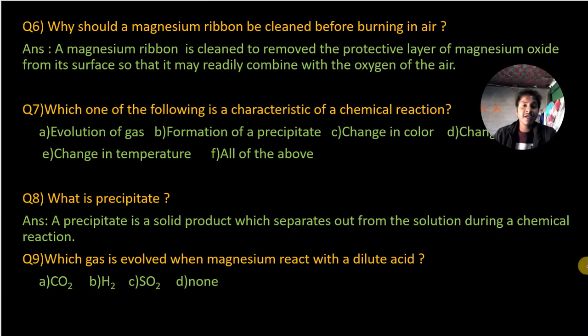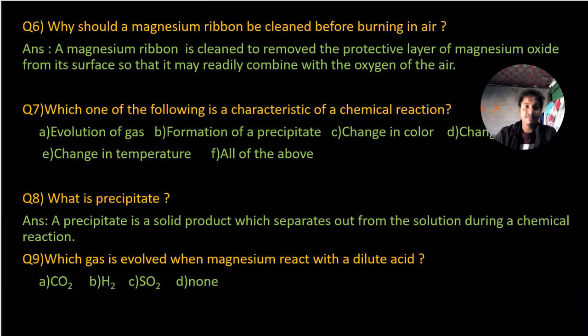The magnesium ribbon has a protective layer of magnesium oxide, due to which the oxygen does not contact the magnesium ribbon, which slows down the burning process. That's why we clean the magnesium ribbon to remove this protective layer so that oxygen can directly contact it and make burning faster.